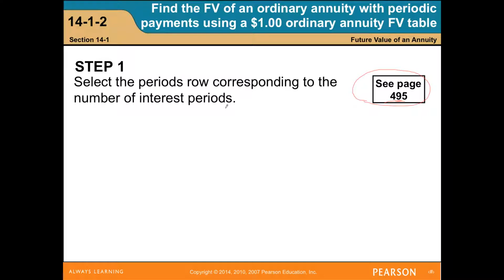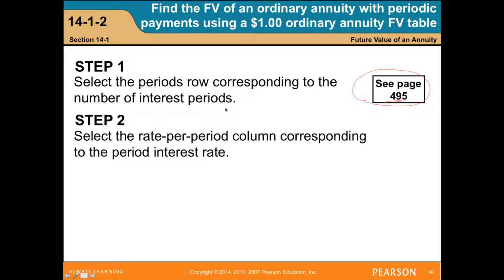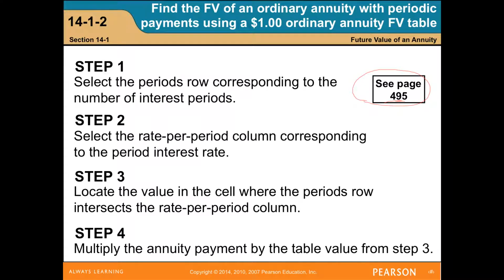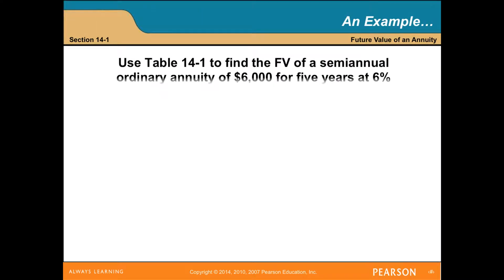Step 1. Select the periods row corresponding to the number of interest periods. Step 2. Select the rate per period column corresponding to the periodic interest rate. Step 3. Locate the value in the cell where the periods row intersects the rate per period column, so you're finding the intercept. Step 4, multiply the annuity payment by the table value from step 3.